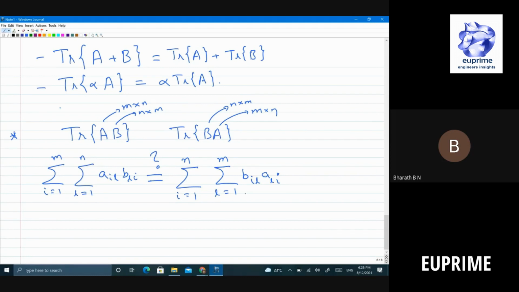You are saying replacing I by L, I equal to 1 to M, L equal to 1 to N. So I you are making L and L you are making I. Is that fine?